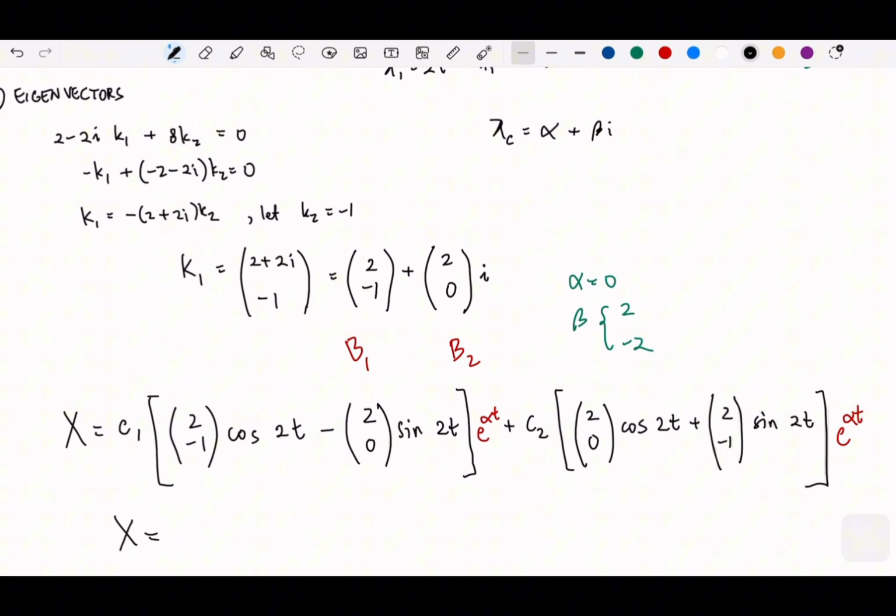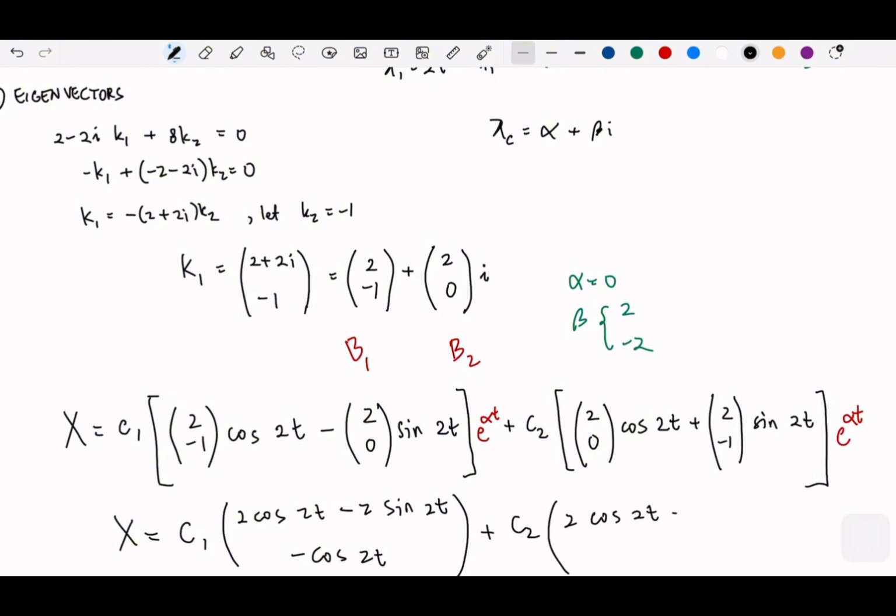Or you could combine all together for both of these components. So 2 cosine 2t minus 2 sine 2t, and this will be minus cosine 2t, plus c2, and this will be minus sine 2t.